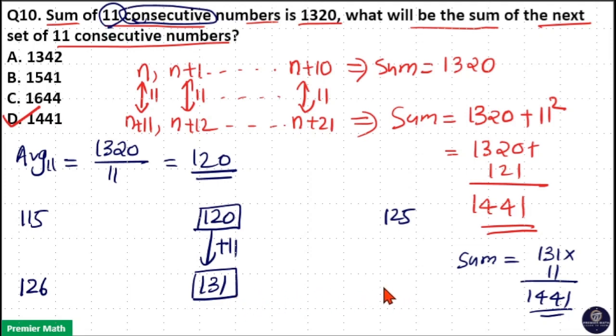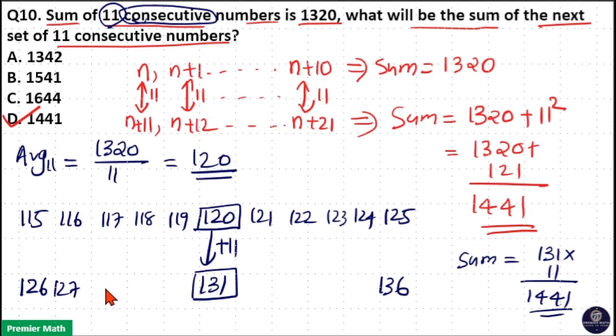Now this series will end with 136, that is 131 plus 5. Now you can see here, this is 116, 117, 118, 119, 121, 122, 123, 124. And here it is 127, 128, 129, 130, 132, 133, 134, 135.